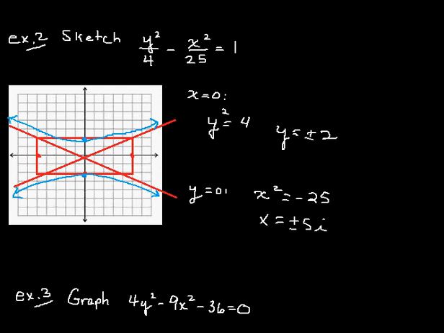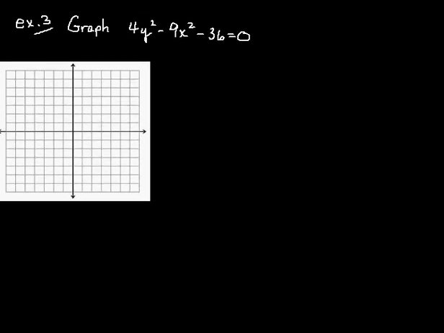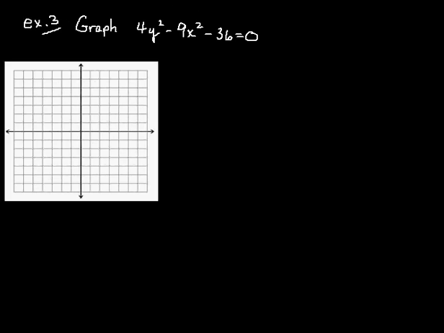Now we're going to get them when they're not in standard form like this one. So the first thing you have to do is get it into standard form. So we're going to start with 4y squared minus 9x squared equals 36.